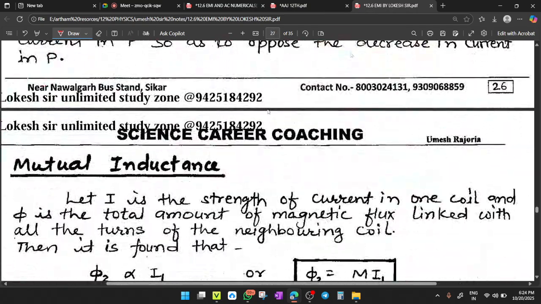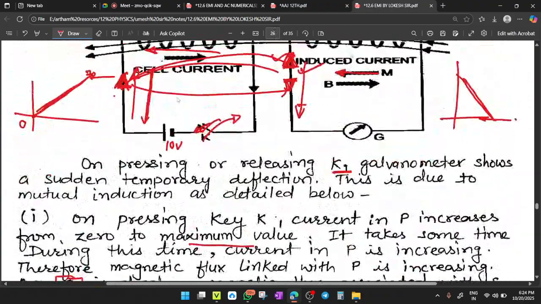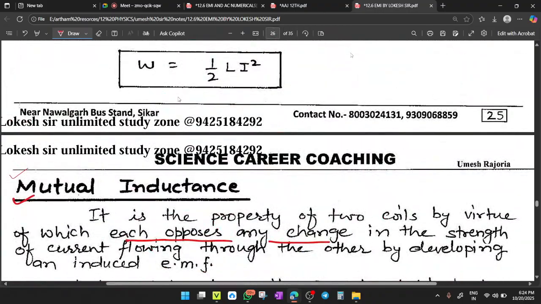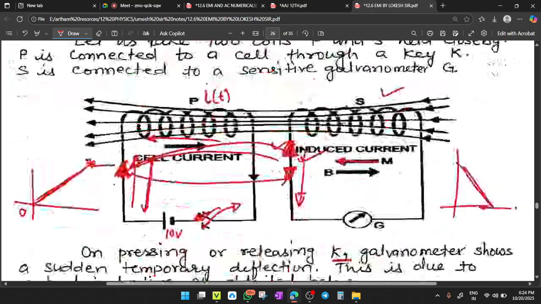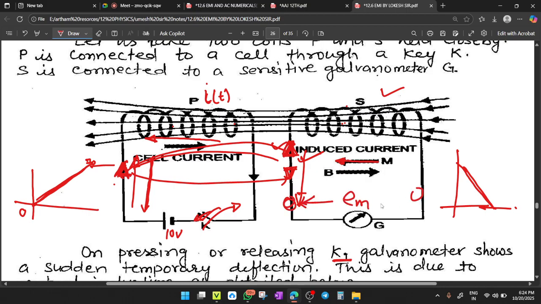Okay, so this process is called mutual induction. This process is called mutual induction. And the EMF produced across these two terminals is called mutually induced EMF.